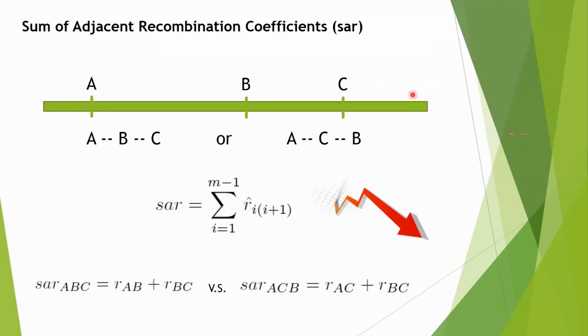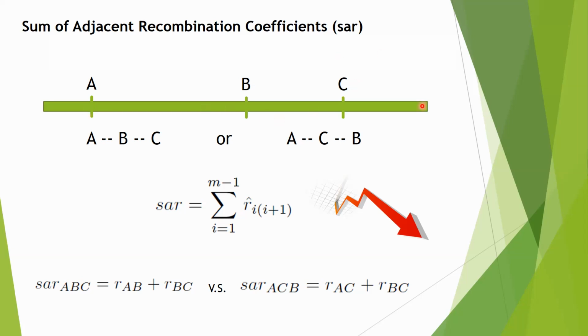All right. Suppose this is the real order. The three loci A, B, and C are actually arranged in this way, but we don't know, right?